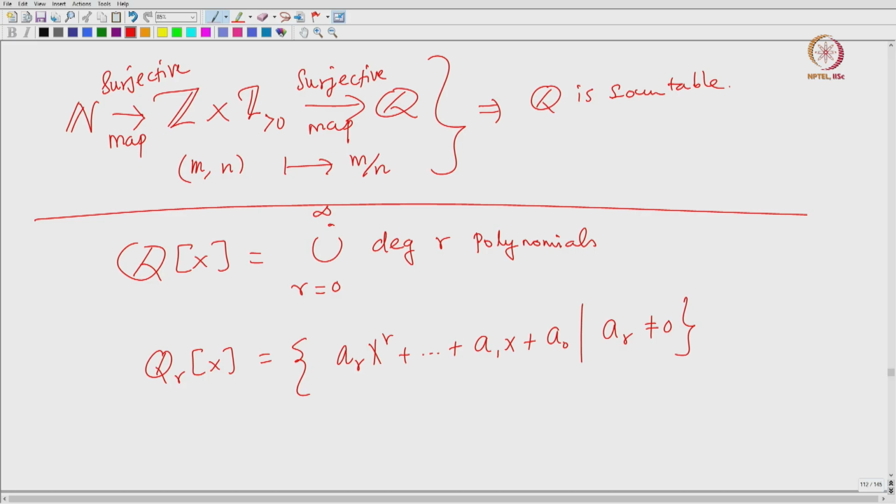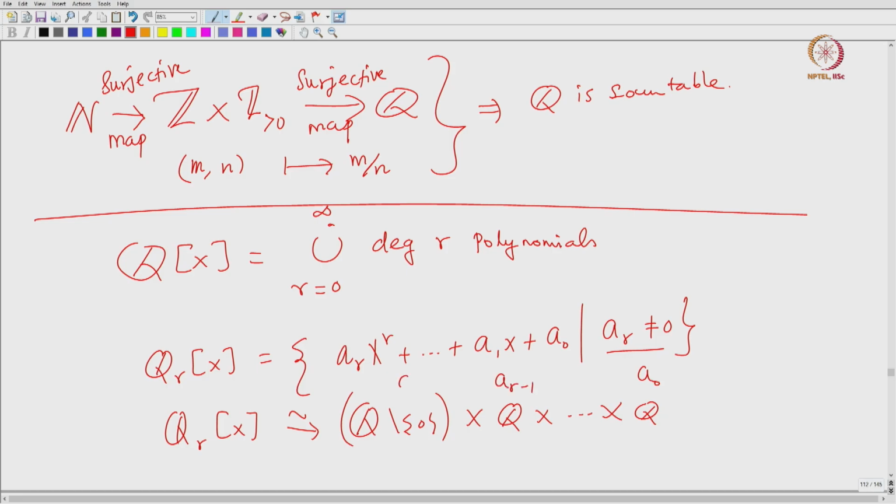So, now it is not difficult to see that this Q_r[x] has a natural bijective correspondence with Q non-zero, because that is where this a_r comes from, cross all other elements, which you can freely take from Q. Okay. So, this is the constant term a_0, this is a_{r-1}, this is a_r.